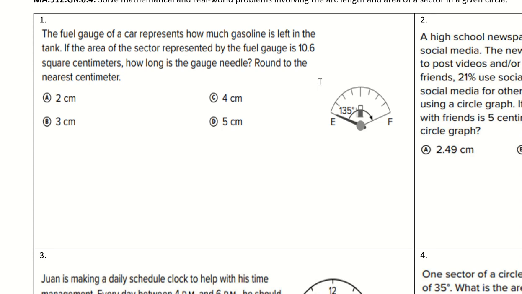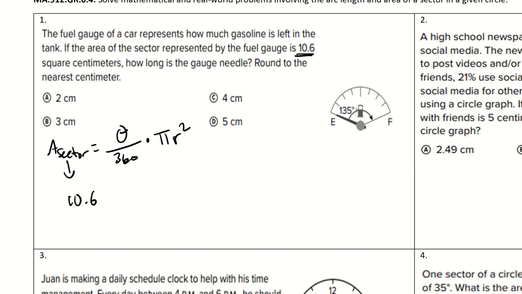All right, so let's go over the formula for the area of a sector. The area of a sector is equal to the central angle over 360 times pi r squared. Usually we call the central angle theta, which just means angle. Here the central angle is 135 over 360. The area of the sector, they tell us, is 10.6.